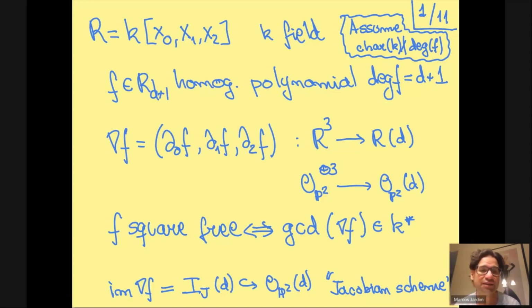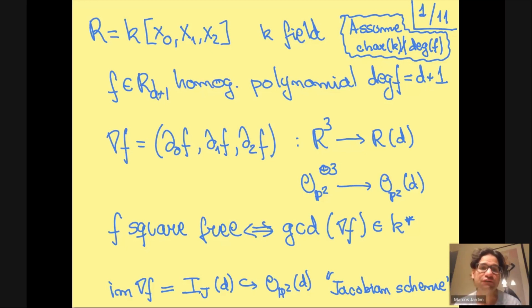Then one can check that F is square free, by that I mean that there's no polynomial h such that h squared divides F. Another way to say this is that the plane curve associated with F is reduced. So F is square free if and only if the partial derivatives have no common divisor.